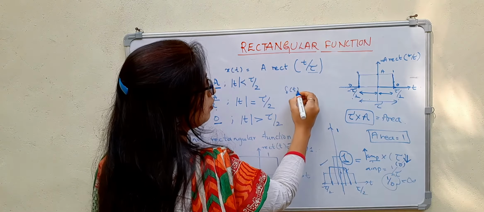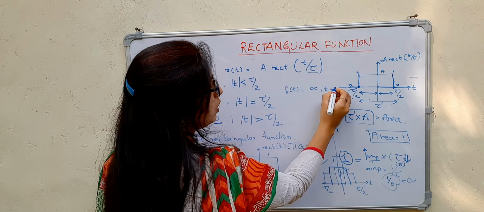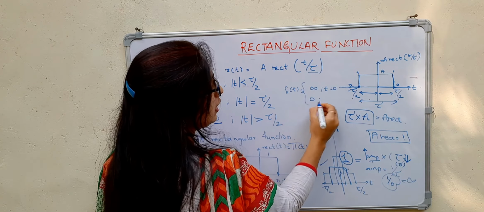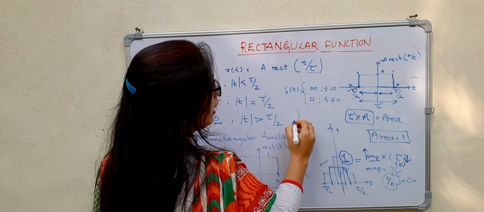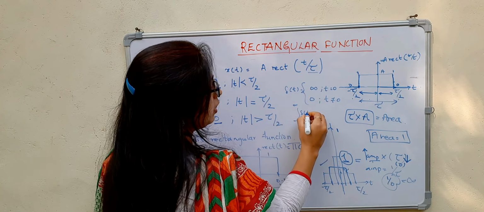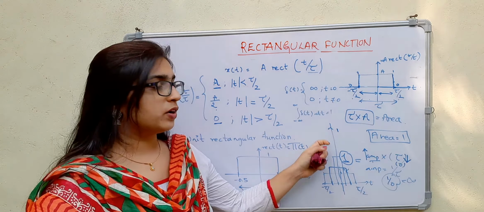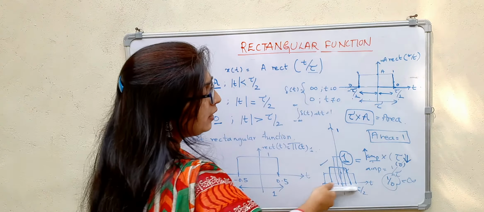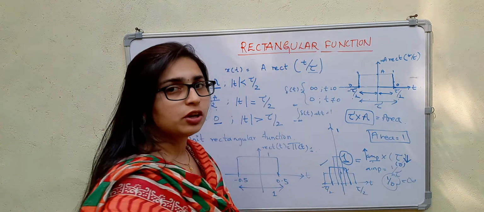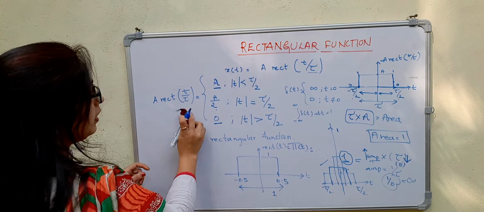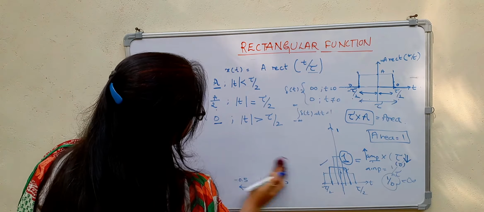That is, delta of t is equal to infinity for t equal to 0, and 0 for t not equal to 0, and the area, integral from minus infinity to infinity of delta dt, is equal to 1. So this is your unit impulse function, right? We can derive this from the rectangular function. Okay, that can be written like this.